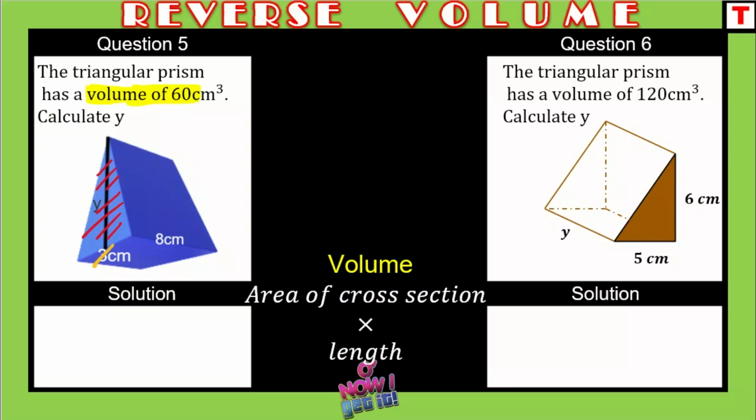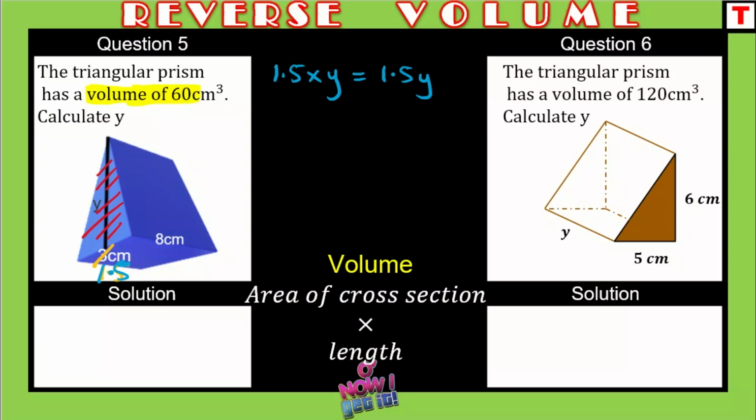Okay. So therefore, this is going to be 1.5 multiplied by the height, which is now going to be y. And this is going to simplify to 1.5y. So that's the area of the cross section.